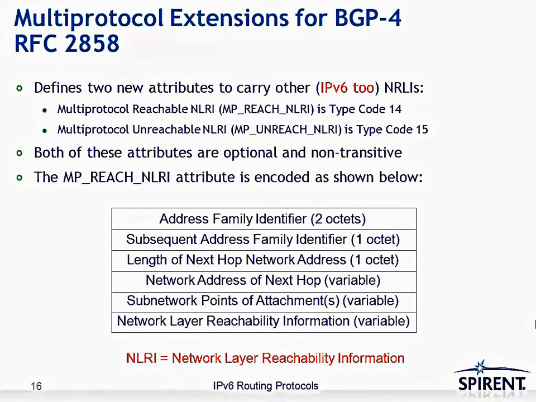This is the format of a network layer reachability attribute, and you can see that it contains such things as the address family identifier, sub-address family identifier, as well as the network layer reachability information, in other words, the IPv6 prefix.